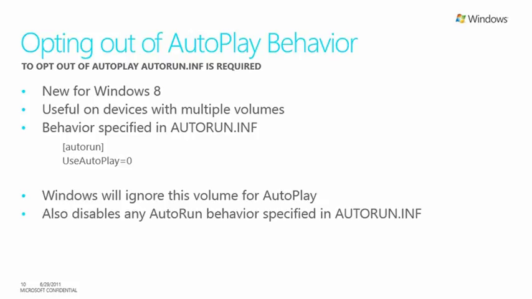You specify this behavior in the autorun.inf by just putting UseAutoPlay=0. So Windows will ignore this volume for AutoPlay and all subsequent AutoPlays. One thing to note though is that if you do use this declaration, any additional behavior defined in autorun.inf is disabled.